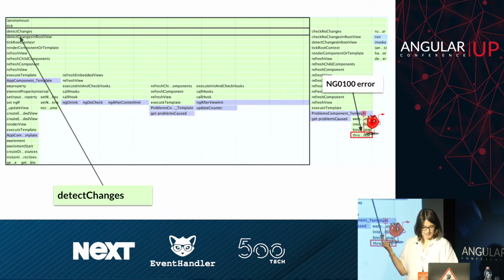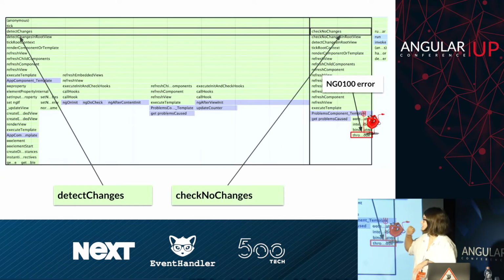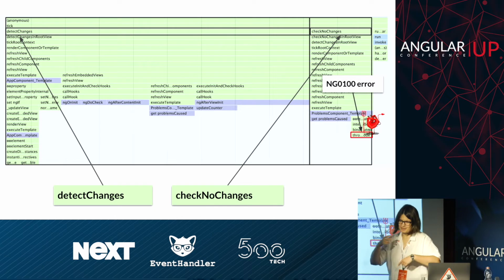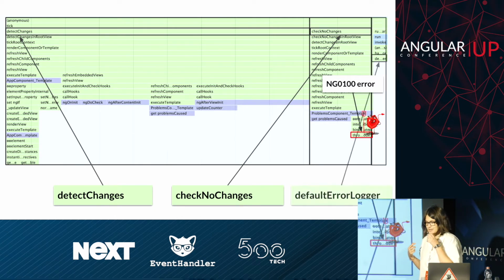Right next to it, the second column containing the problem: the checkNoChanges method looks not so familiar, but kind of corresponds to the information from the beginning about the check happening in dev mode. And the last one, small, says default error logger, and we understand that it's just the part that outputs this nice stack trace.